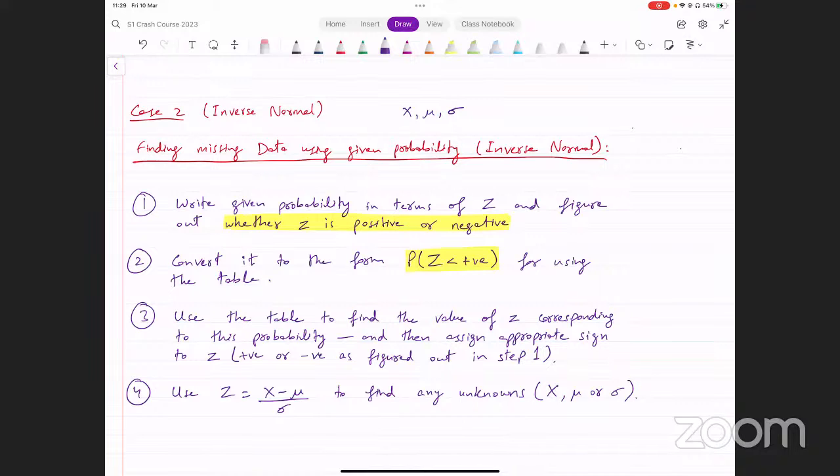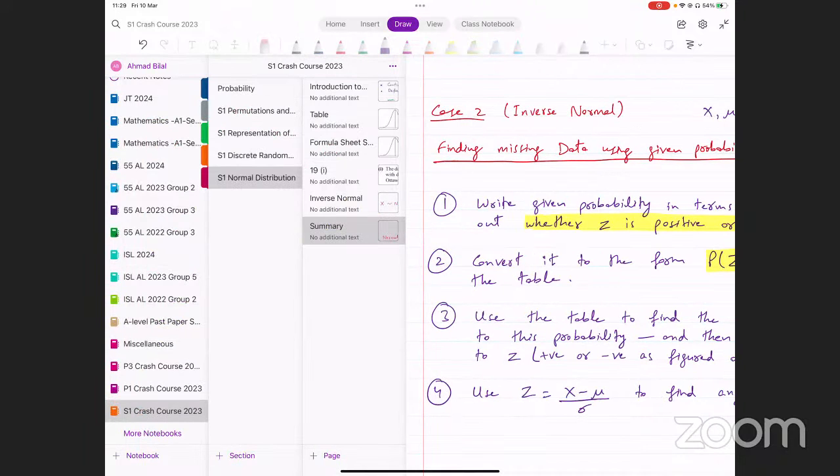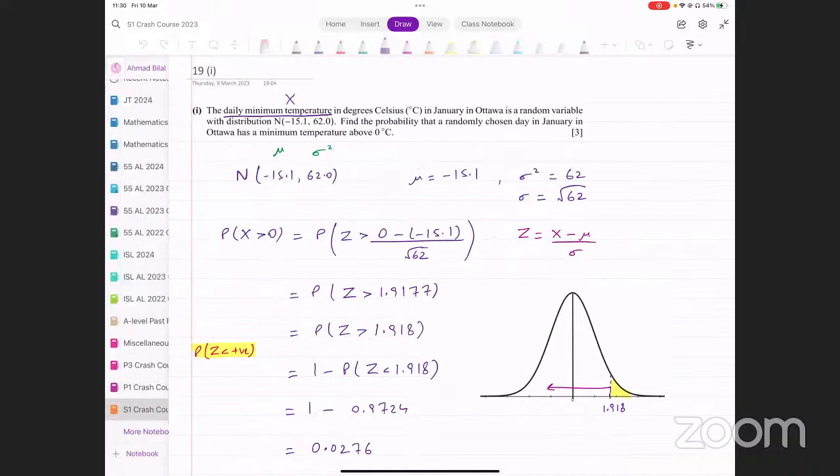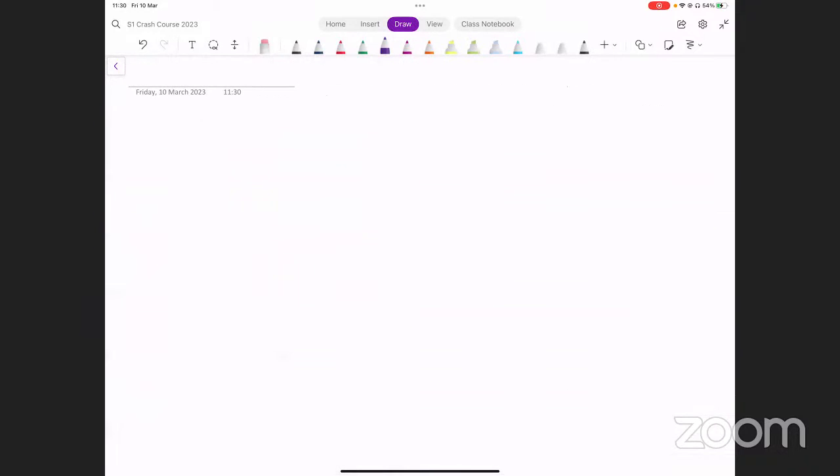Now let's finish with one quick example. Remember, we did question number 19 in our last class from the worksheet. Let's have a look at this. This was the question that we did in the last session. Let's complete that question.